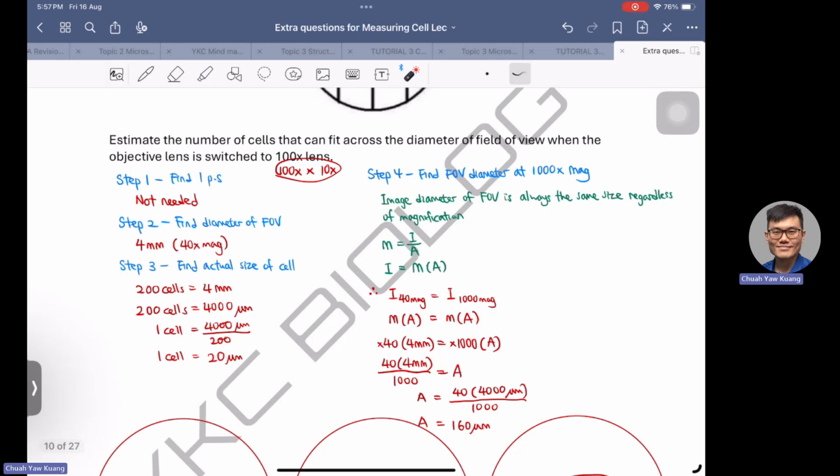They want us to estimate the number of cells that can fit across the diameter.